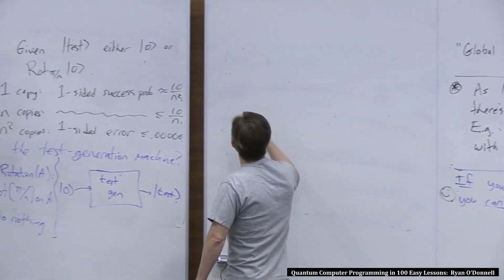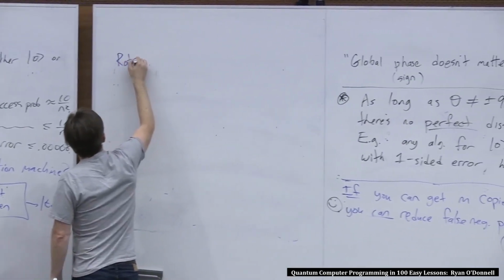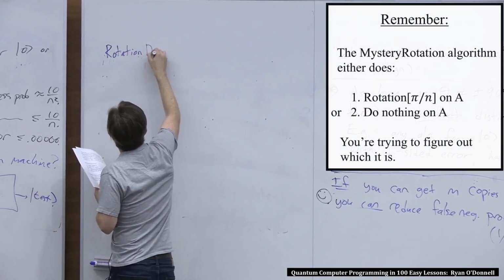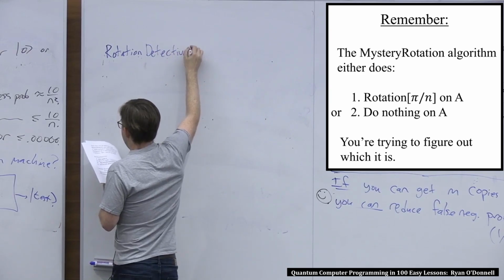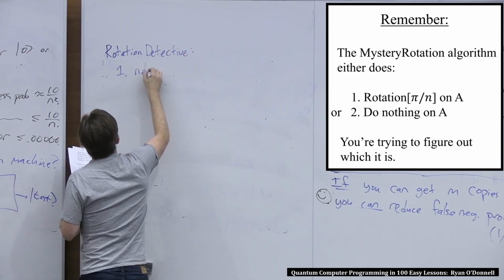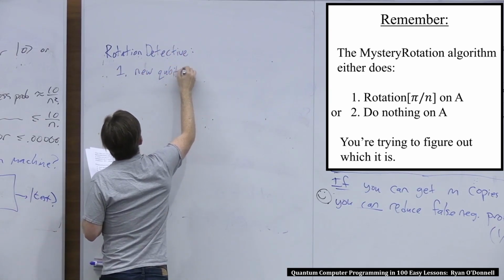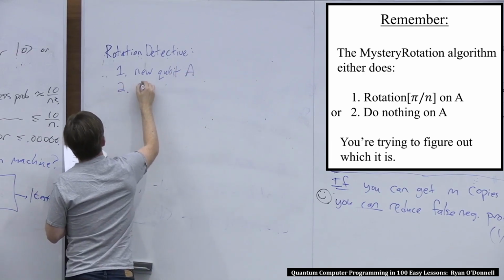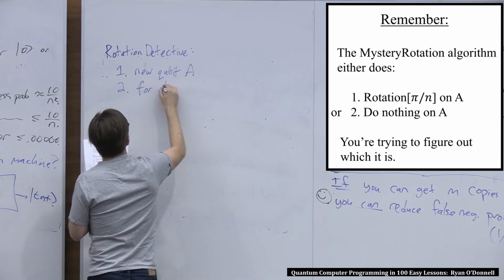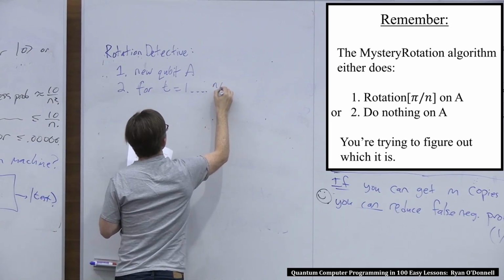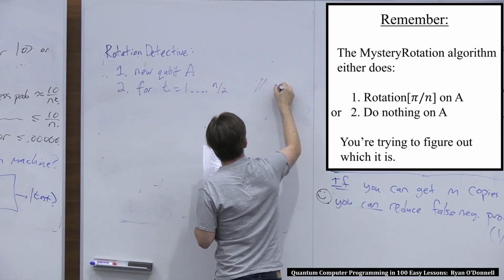So let's try this. Let's make a little algorithm. Now that we stole the box, we'll call it rotation detective. Here it is: new qubit A. Now we'll do a loop for t equals 1 up to n over 2, and let's just assume n is even.